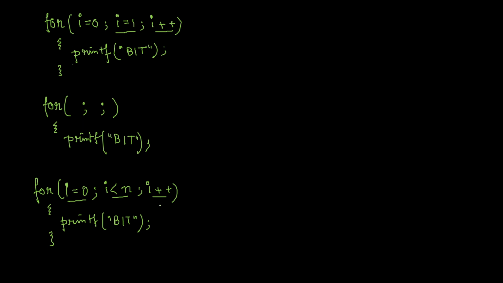But you have to remember one thing, that somehow this I equal to 0 should be executed first time and only once, and then I lesser than n should be executed every time before it enters within the brackets, and this I plus plus should execute after execution of the statements present under the for loop.